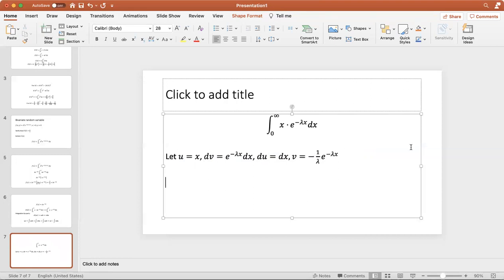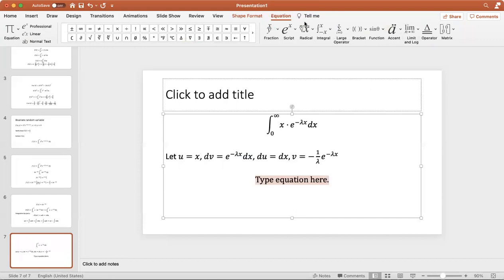So the integral of u dv, which is essentially this expression, is now equal to uv, which is equal to negative 1 over lambda x e raised to negative lambda x.